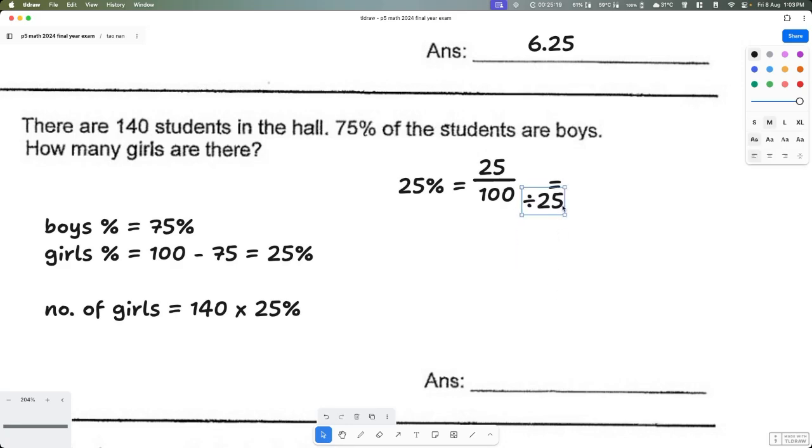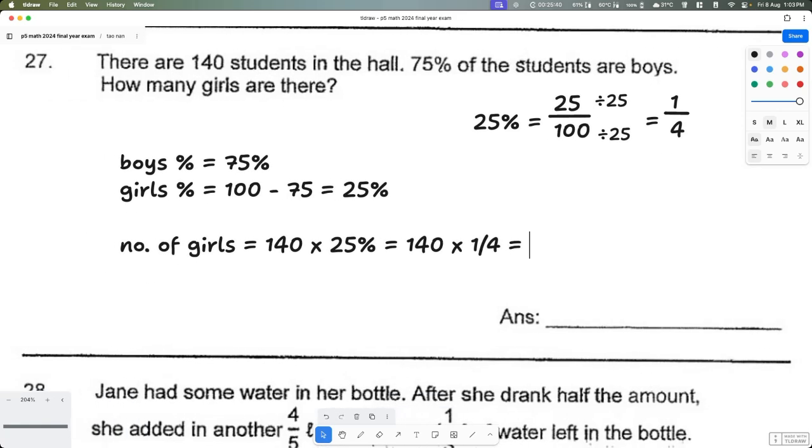You can divide both by 25, divide and divide. So this will then become 1 out of 4. So 25% is 1 out of 4. So that means in this case, 140 times 1 out of 4, which is basically divided by 4.